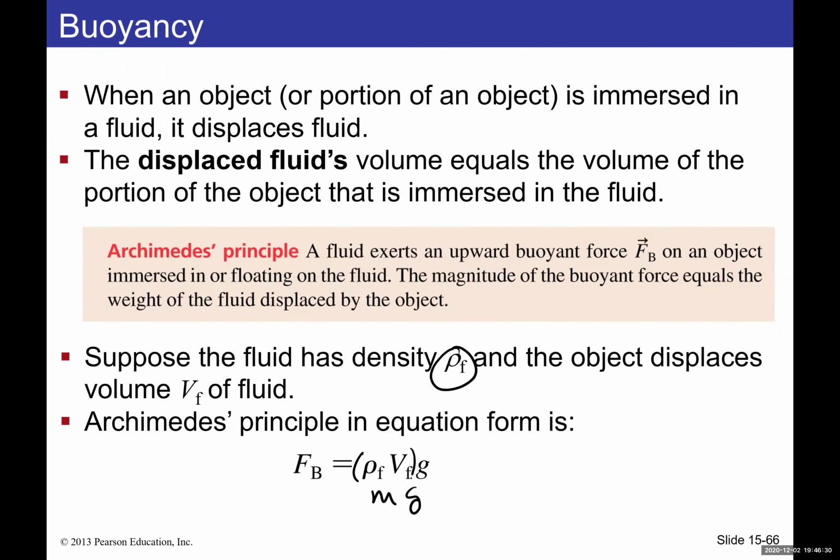So it's the density of the fluid times the volume of the displaced fluid times 9.8. All right. So one thing we have here is that Archimedes obviously did not put this in the form of, let's say, buoyant force, right?